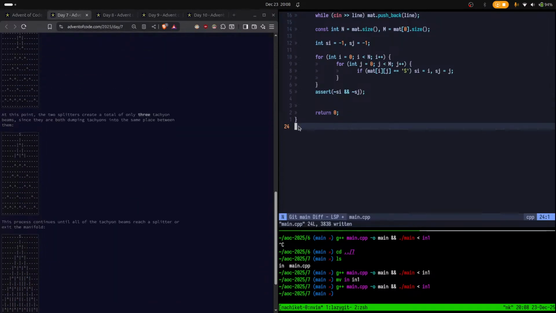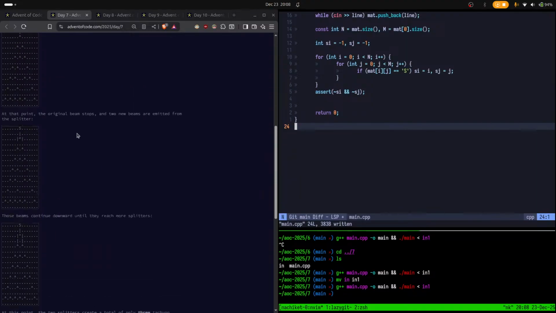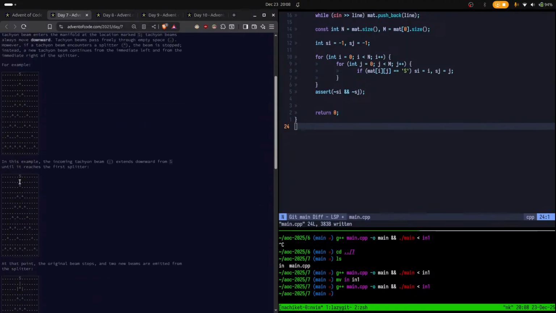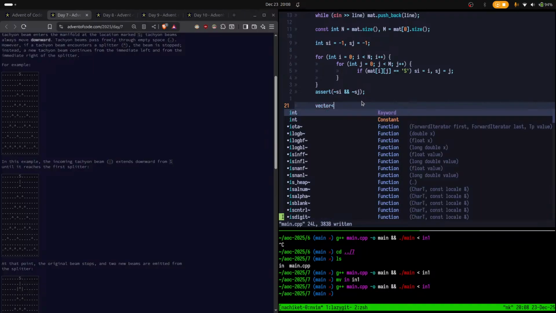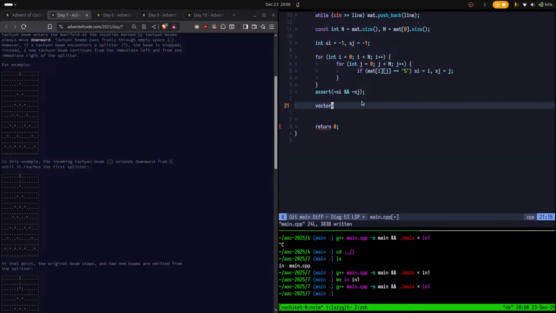We need a queue of beams. These are the coordinates in the matrix where the beam is currently at.